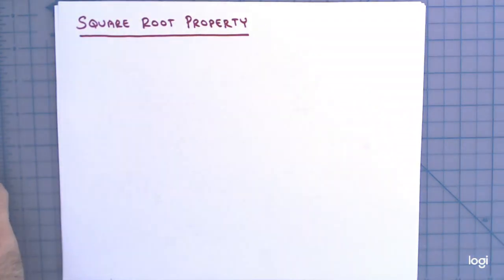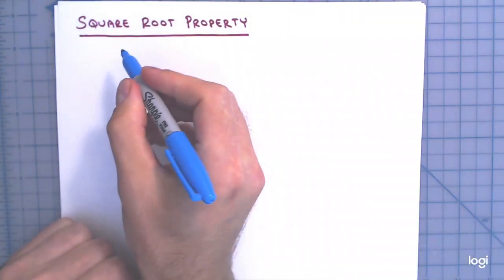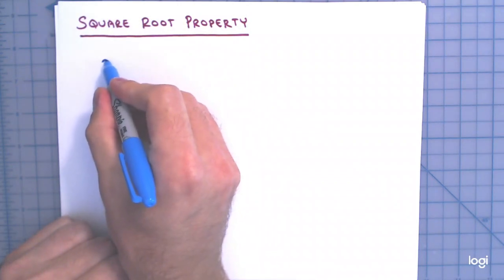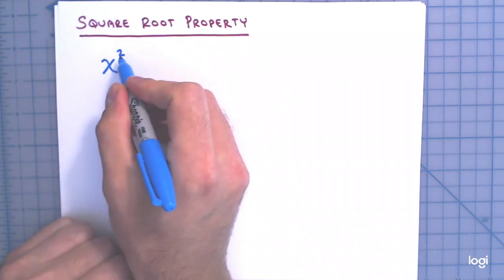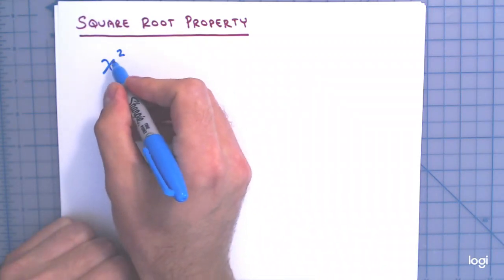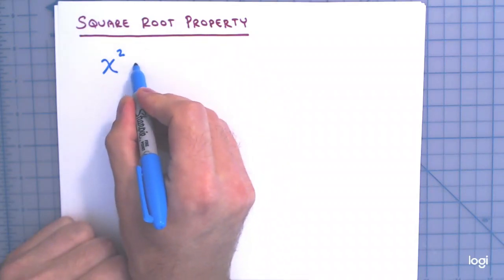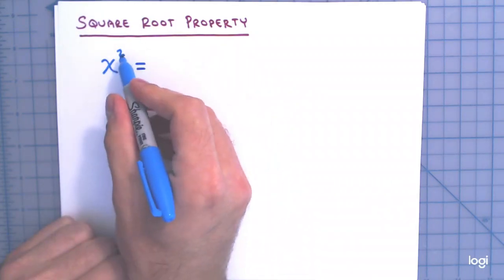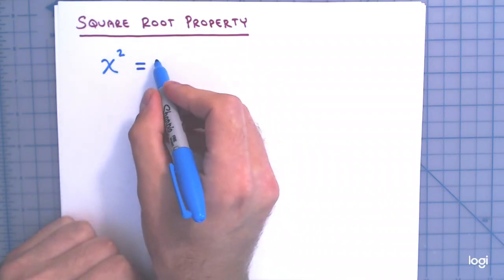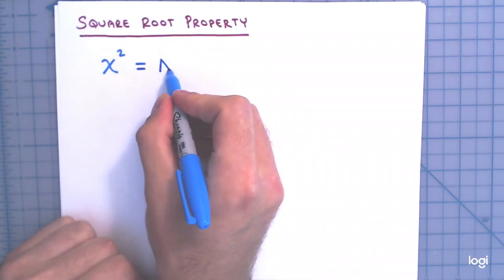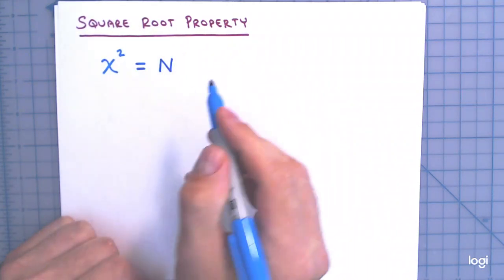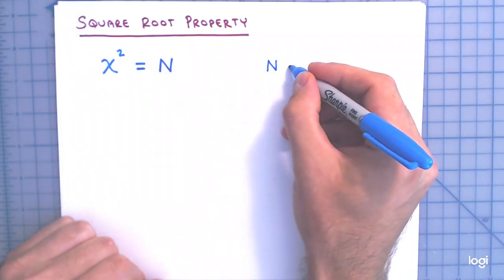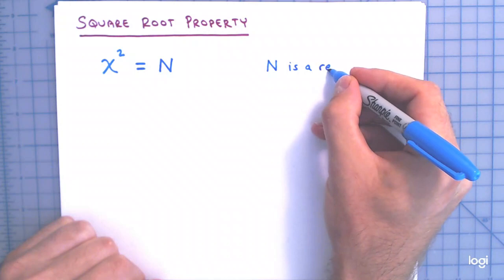If we try solving a quadratic equation and we end up with an equation that looks like this, say x to the second power, the highest power on my variable is the second, making it a quadratic. If I end up getting it down to looking like x squared, or the variable squared, equals some number on the other side, where this n is just a number. Again, n is a real number.